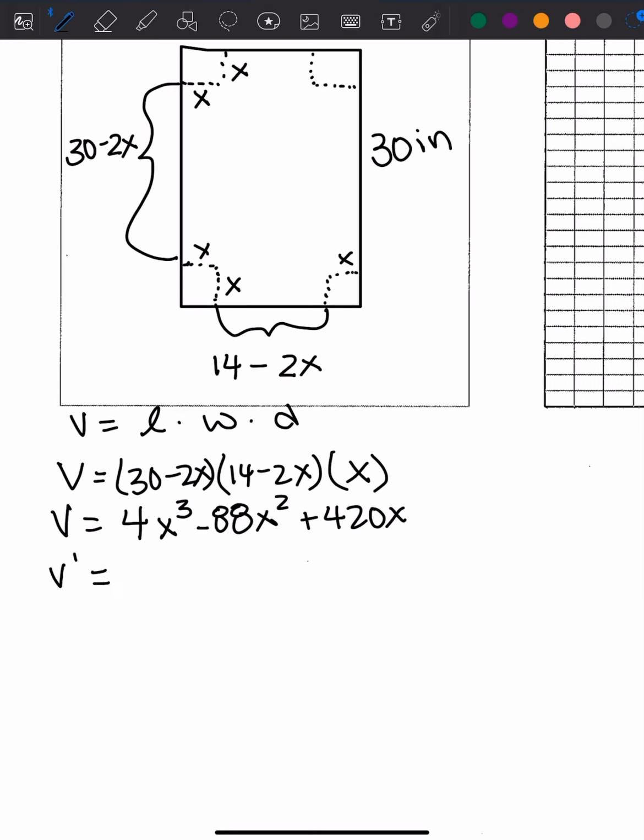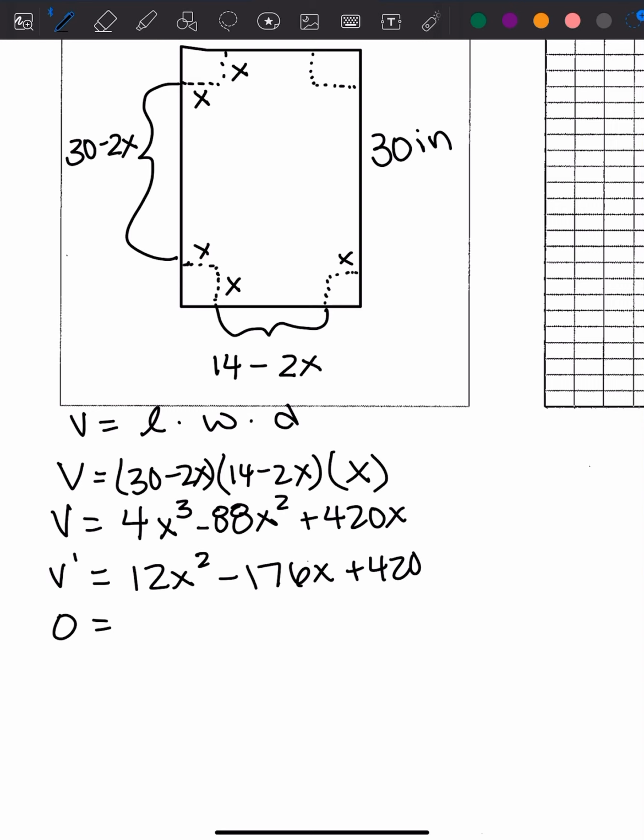So v prime is equal to, not 12x cubed, 12x squared minus 176x plus 420. What we need to do now is set this equal to 0.